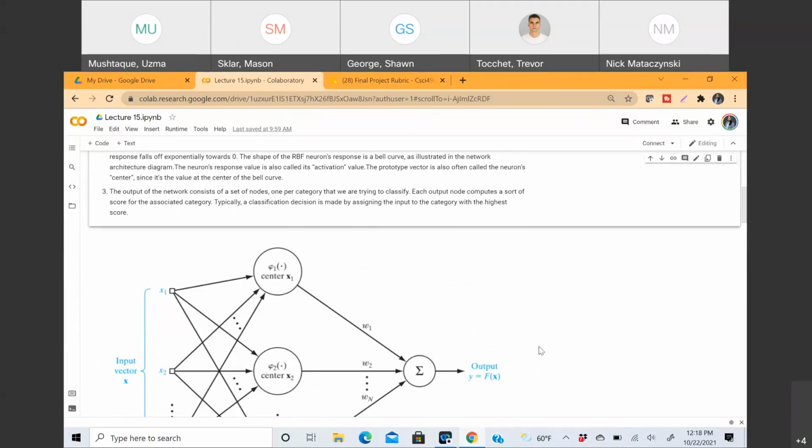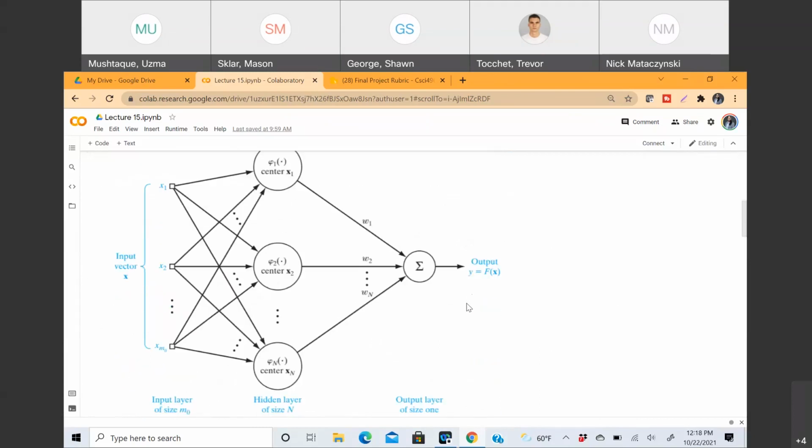That's the architecture. We don't have deeper networks or any further layers. That is all there is to my RBF network. And believe it or not, with a good choice of your kernel, your function, your prototypes and your sigmas, these are universal approximators, just like the deep neural networks.